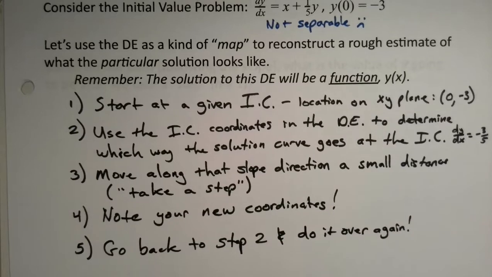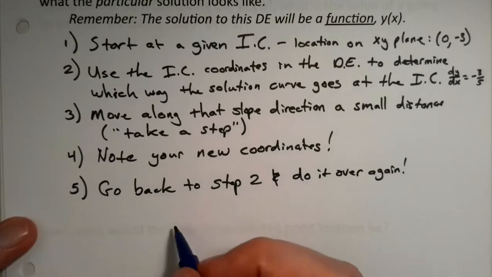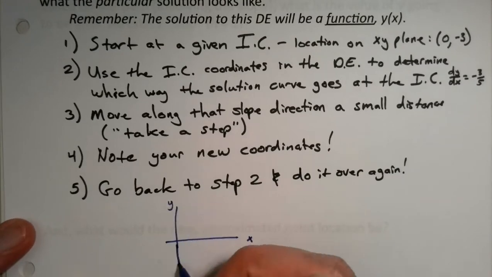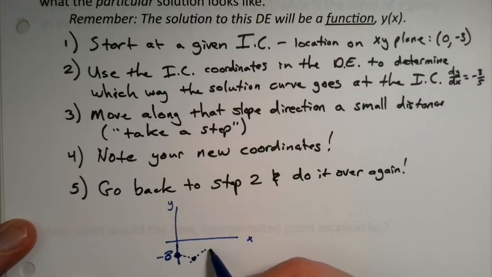And so what we're going to have, in essence, is a graphical representation of what our solution curve might sort of look like. So in the case of this particular example, if you have x and y, and say you start down here at 0, -3, and you take a step and you go a certain distance that way, and then you take another step in a new direction, maybe it tells you to go that way, and then you take another step in that direction, and then you take another step in that direction, and you wind up starting and stopping.